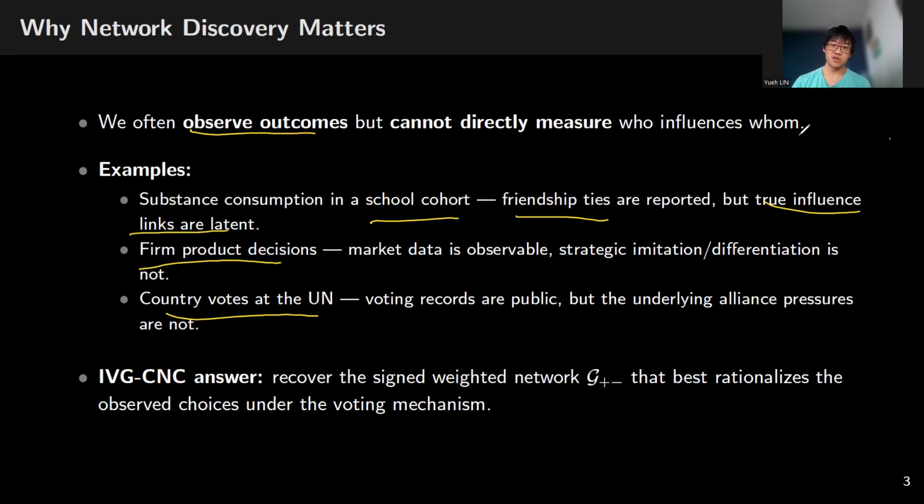We note the voting results, but the underlying alliances and pressures, we don't know about that. So all these examples say that the inverse voting games try to recover the signed weighted network that best rationalizes the observed choices under this voting mechanism.